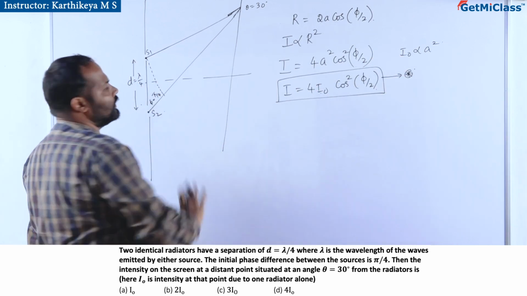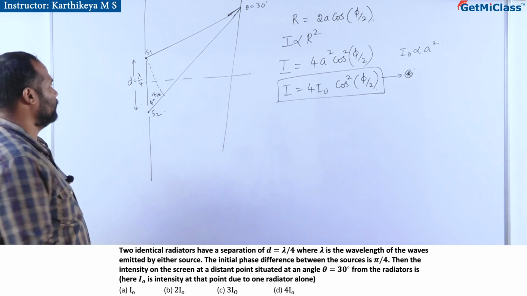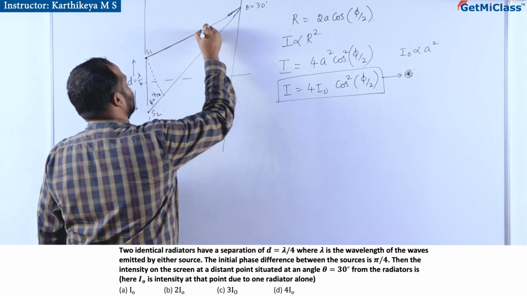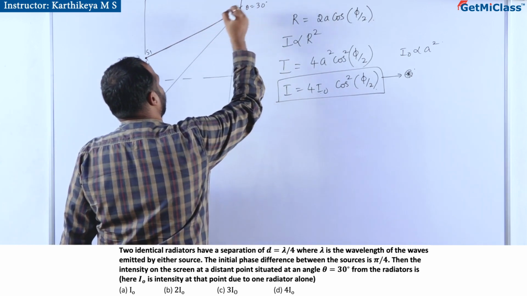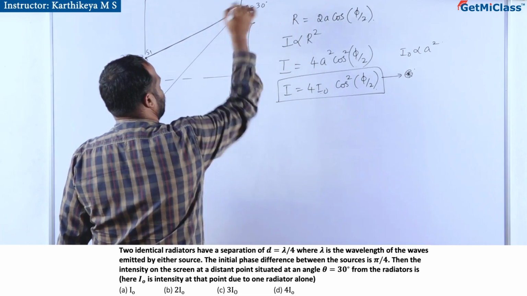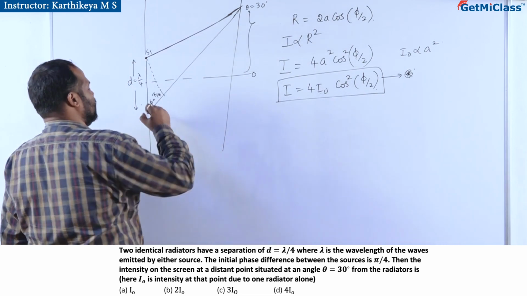Now let us come to the schematic analysis of the given setup. From source 1, one radiator emits radiation up to an angular displacement from the central maxima. It is at the location theta equal to 30 degrees.